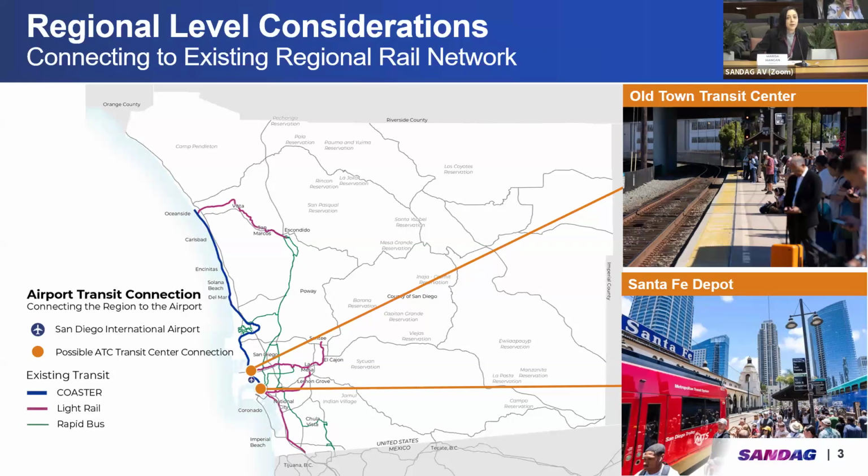And it's going to be able to help everyone from residents, employees, and visitors get where they need to go, use our existing transit system, help make our existing regional rail network even stronger and better connected to a service that could connect to the airport. And we're looking at both near-term and longer-term solutions, which I'll describe in this presentation.